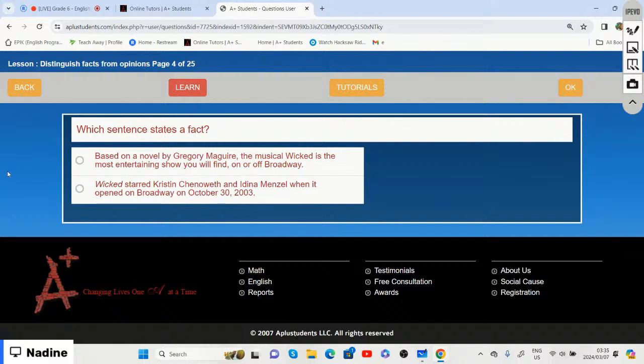Which one do we think is the fact in this sentence or in these answers? Is it based on the novel, or Wicked starred Kristin Chenoweth and Idina Menzel when it opened on Broadway on October 30th, 2003?